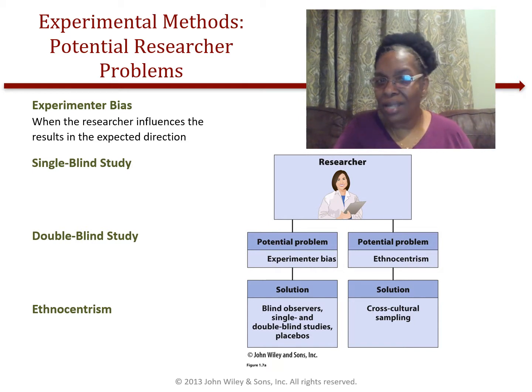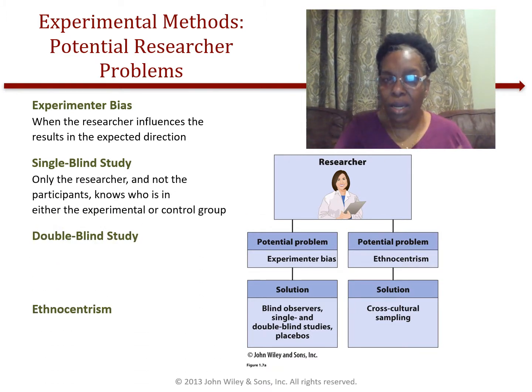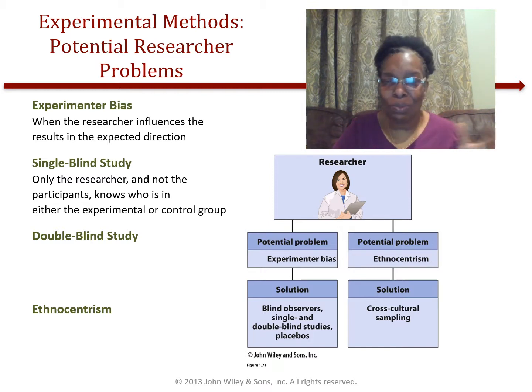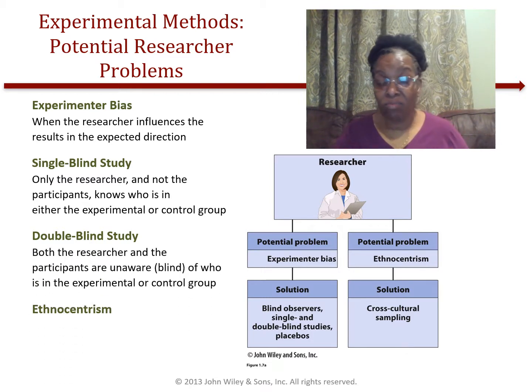When we're talking about a single blind study, this is when the researcher knows what's going on between the experimental group as well as the control group, but participants don't. There's still potential biases and issues that can go on with that. Double blind studies are where we want to really see.